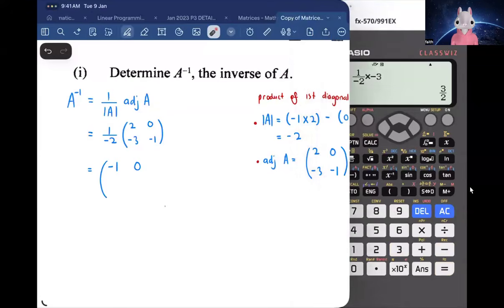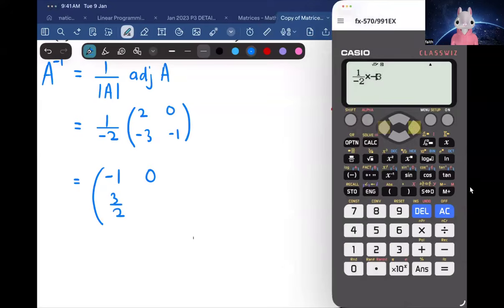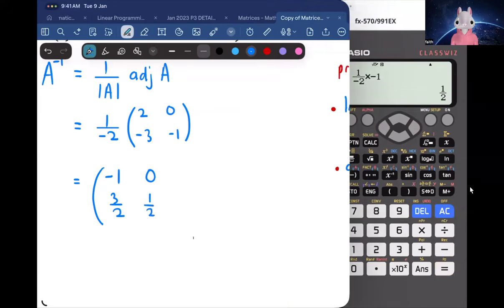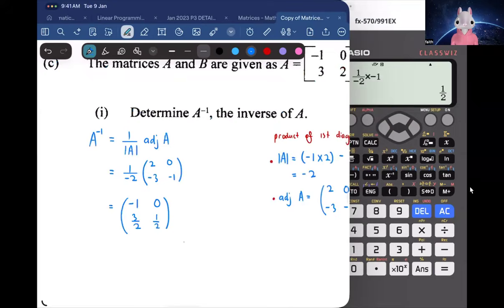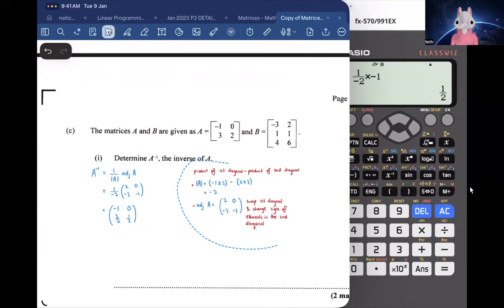So 3 over 2. Then 1 over minus 2 multiplied by minus 1 is a half. So that's your answer. Understand? All right, good. Is there anybody that's confused by this process?